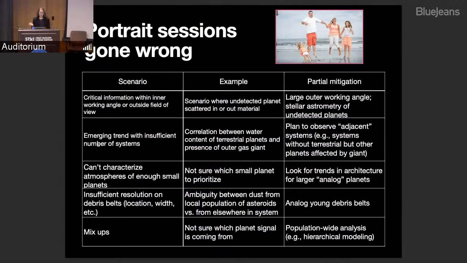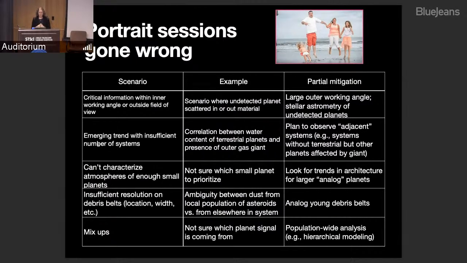Another thing we can bring in there in deciding which ones to really hone in on is to look for trends in architecture with larger analog planets. For example, if we see very water-rich Neptunes or something where it's easier to do the spectra in this type of system, maybe that's the type of system we also want to look at rocky planets in our priority list.